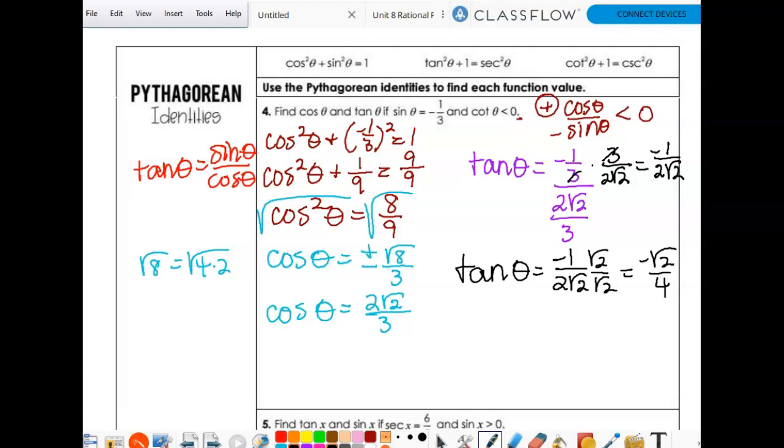Here's my guess. If you're having a hard time, it has nothing to do with the precalc. It has to do with the fraction and rationalizing the denominator. That's my guess.